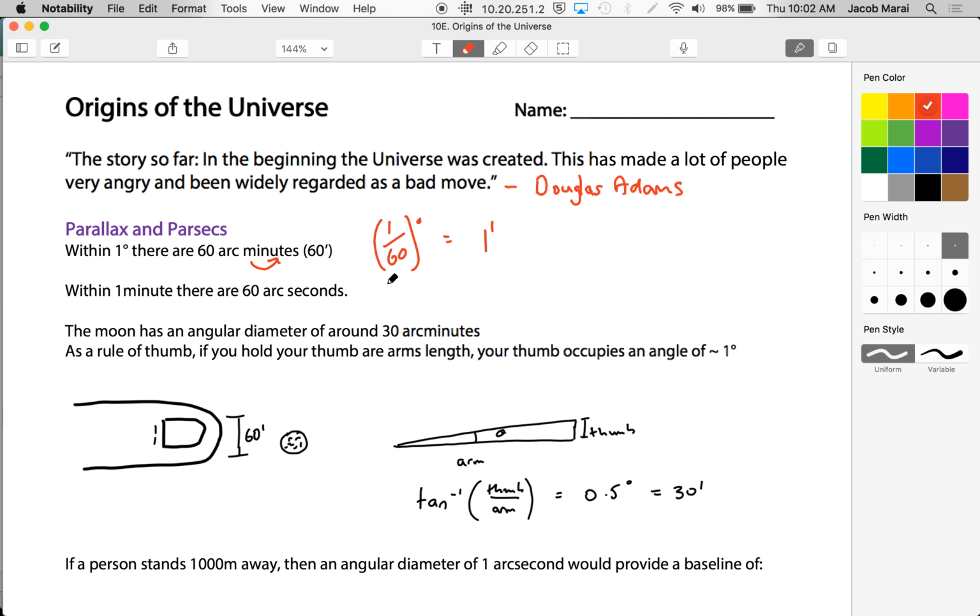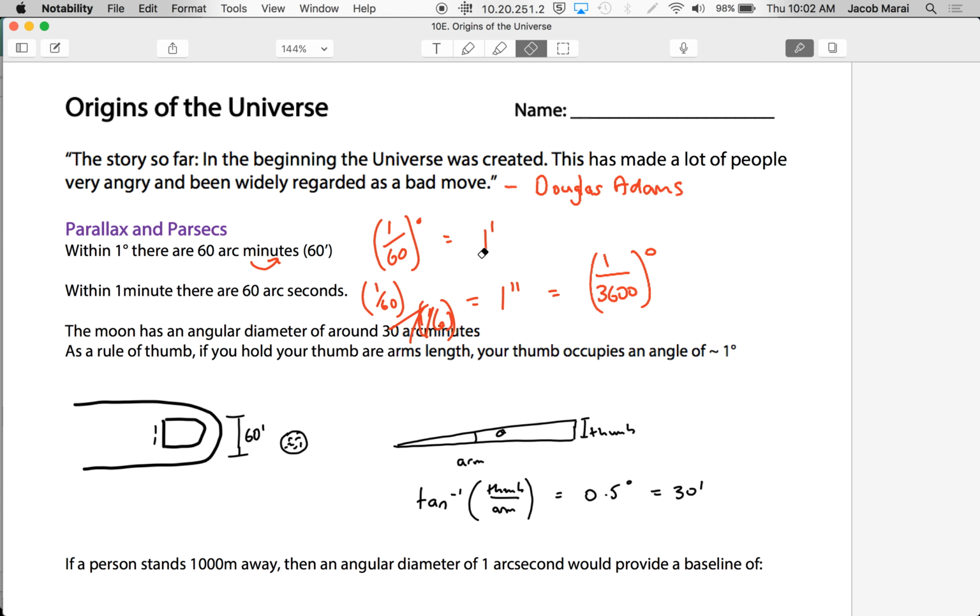If we then took another 1/60th of 1/60th, we would get 1 arc second. So obviously 1 arc second is 1 over 3,600 of a degree. If you took a degree, which is about your thumb, sliced it into 60 even segments, each segment is 1 arc minute. You slice that again into 60, you've got 1 arc second.